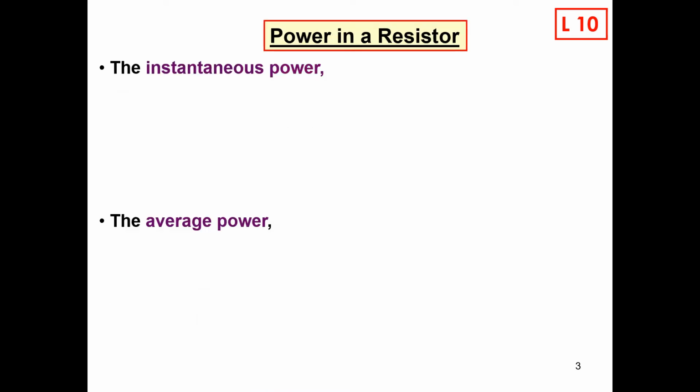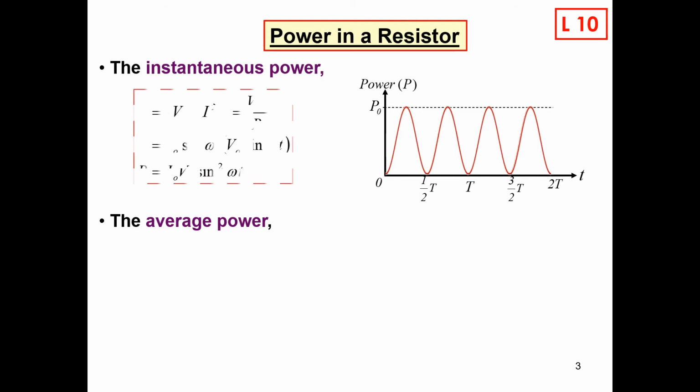Now look at the instantaneous power in a resistor. From the equation of instantaneous power, P is equal to IV.